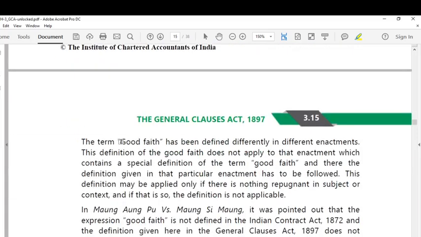The term good faith has been defined differently in different enactments. This definition of good faith does not apply to an enactment which contains a special definition of the term good faith; the definition given in that particular enactment has to be followed.